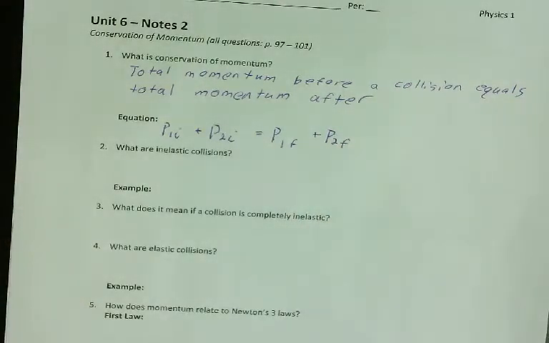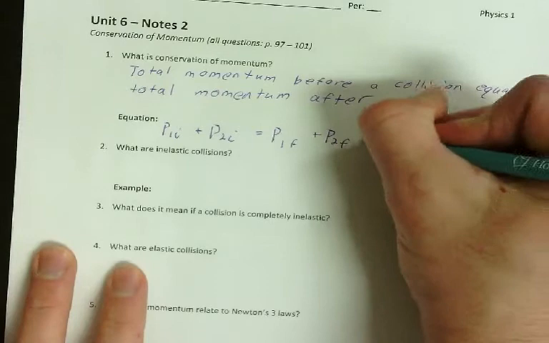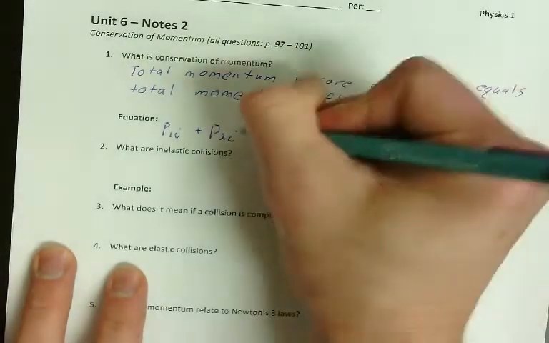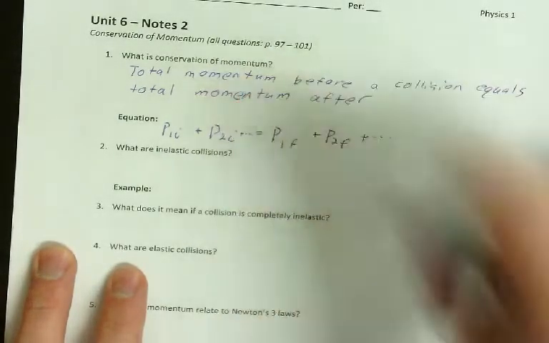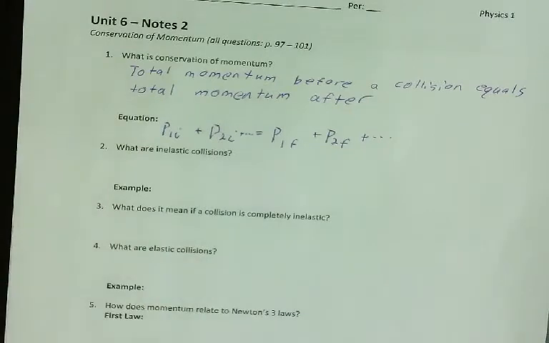If there's three objects, it's just 1 plus 2 plus 3 initial equals 1 plus 2 plus 3 final. So frequently you'll see it, and on the practice that you get today, you'll see me with dots after the 2. You'll see it something like this. That's just to show you that it doesn't matter how many things there are.